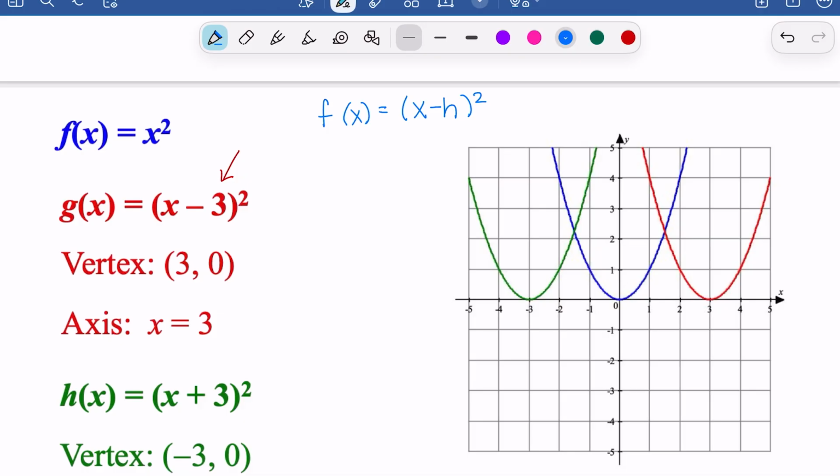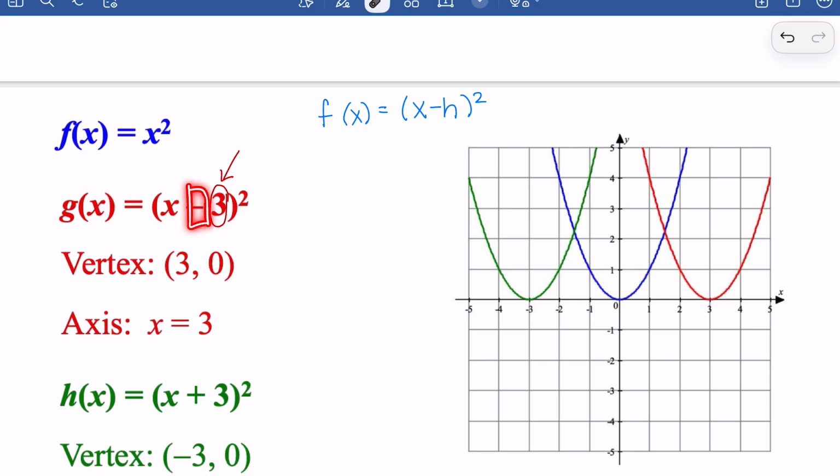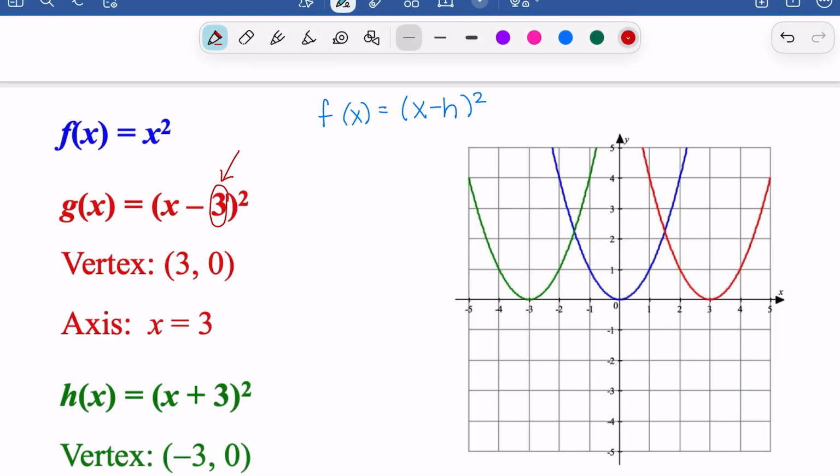That means that if I'm looking at the red function, my 3 is positive because this sign didn't change. And so I could plug in a positive 3 and it would still be x minus 3. That's a little tricky sometimes.